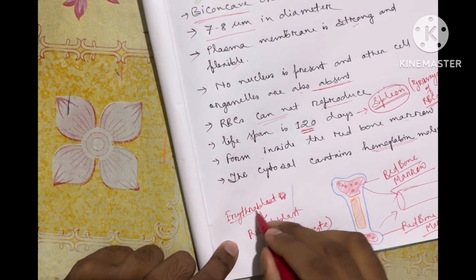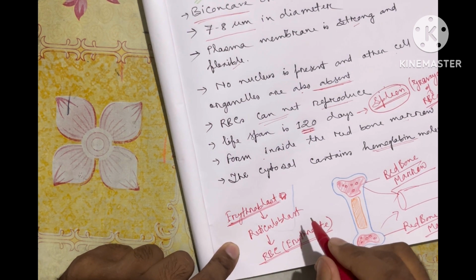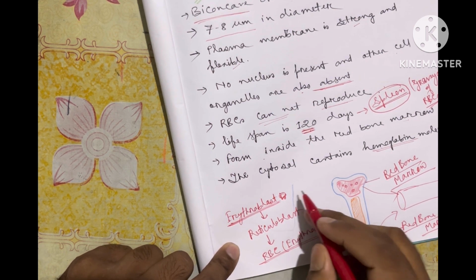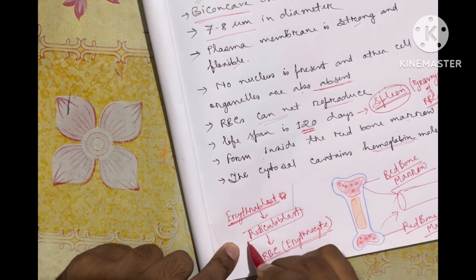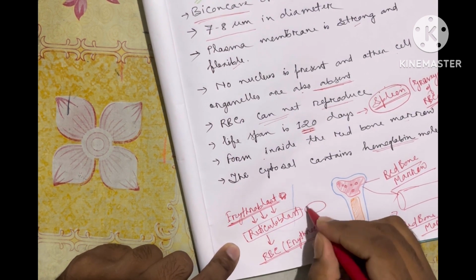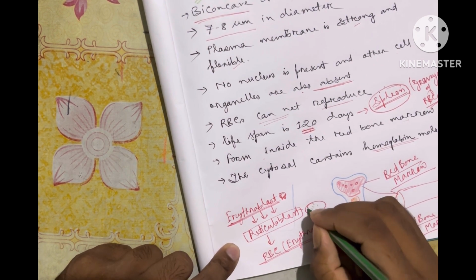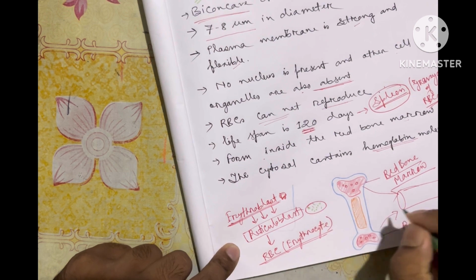So in the erythroblast, hemoglobins are not found. There is no hemoglobin there. But when the erythroblast is slowly converted to reticuloblast, a few hemoglobin molecules start to form.